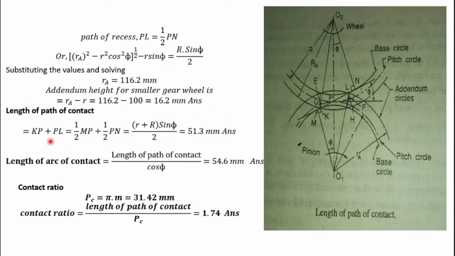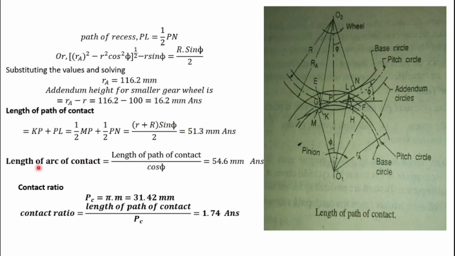Combining these two, KP plus PL will give the length of path of contact. So KP is half MP and PL is half PN. From that we can calculate the length of path of contact because all values are given.